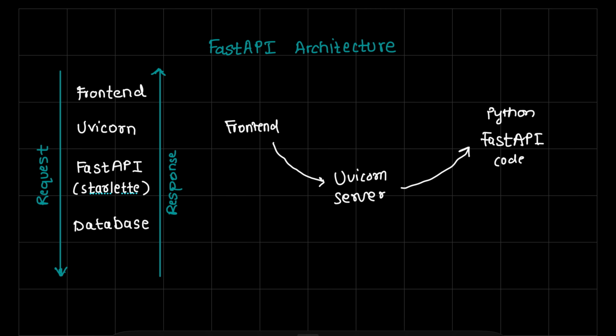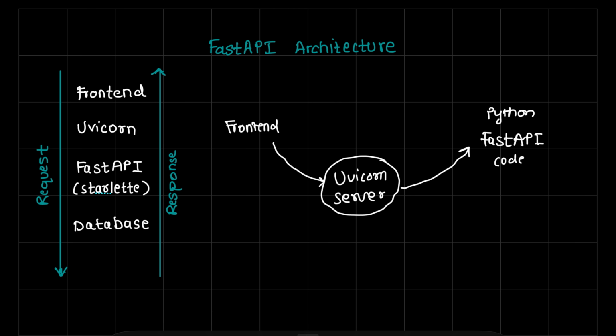This same architecture you will see in Express.js as well. Internally, Node.js has the HTTP server. In Spring Boot also there is the Tomcat server. So every backend framework has a server present in the middle, and the client's request first comes to the server, and then it is passed further to your actual code.